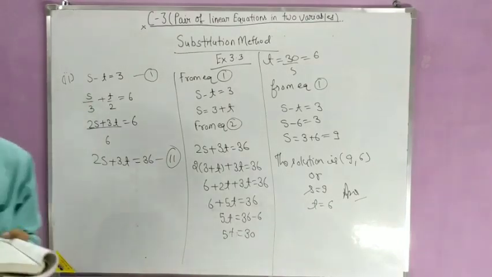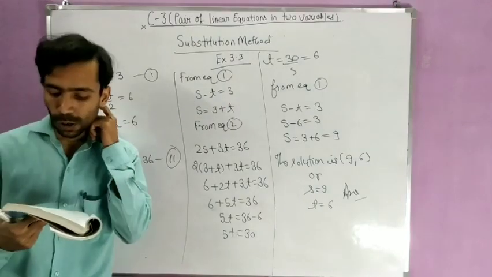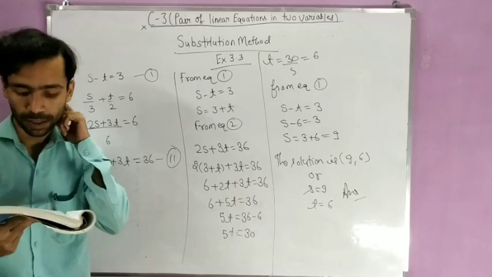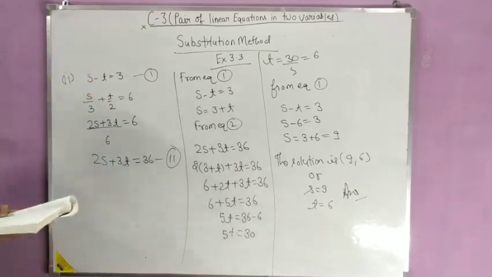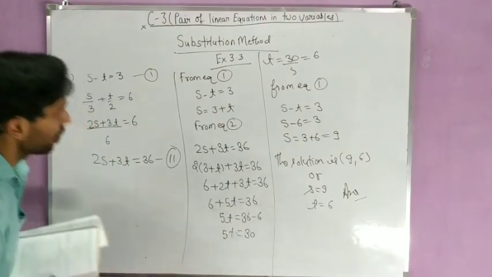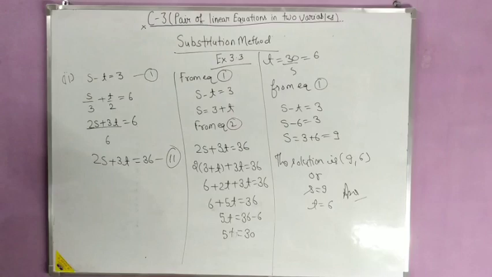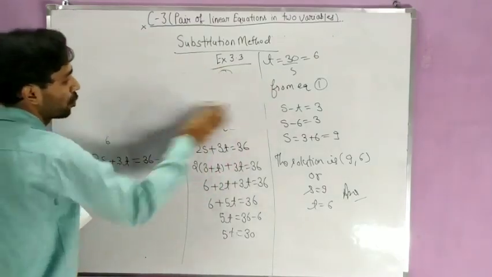Now question number 3 you can do by yourself by the same method. Question number 4 is also very simple. So I am going to do part 5 of question number 1.